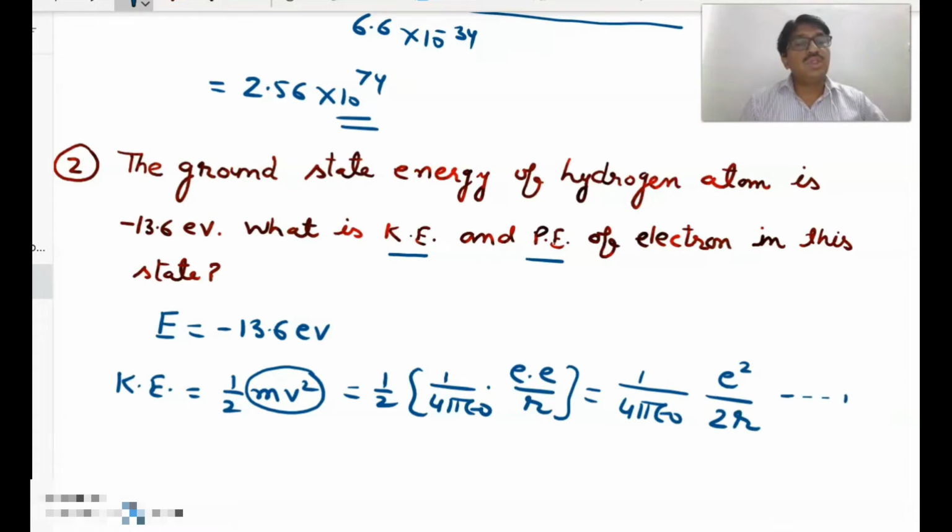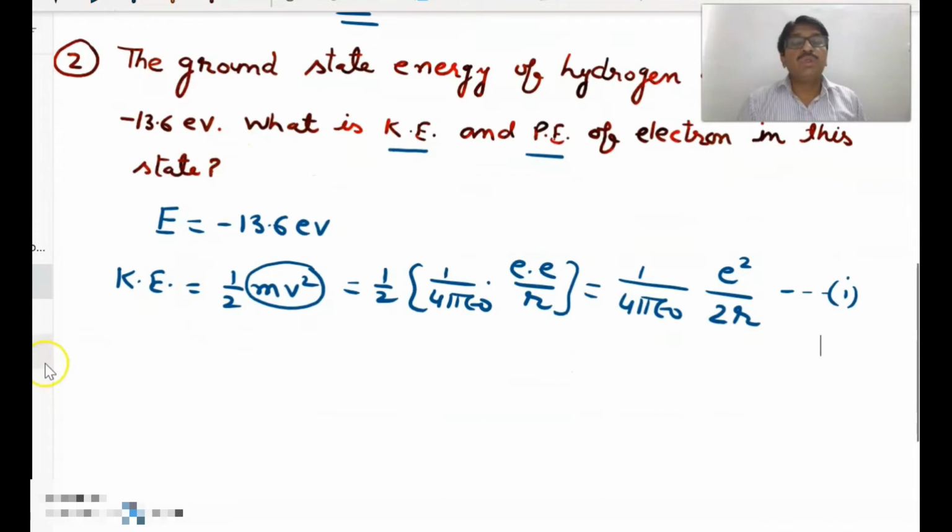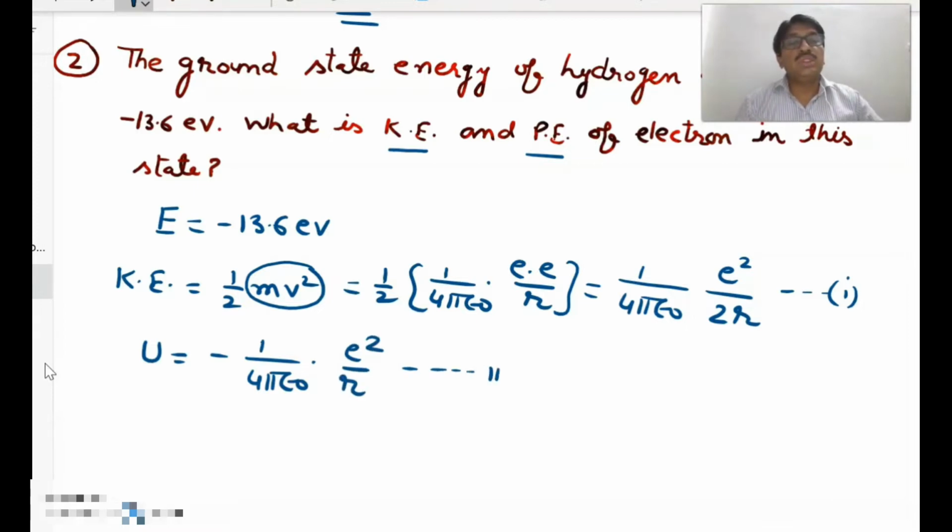This is equation number 1. And the potential energy U, we know, is equal to minus 1 upon 4πε₀ e² upon r. This is the potential energy; we can consider it equation number 2.